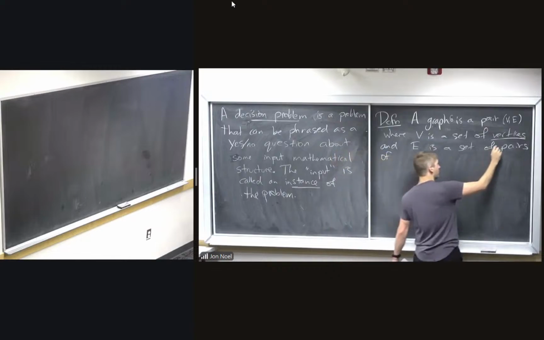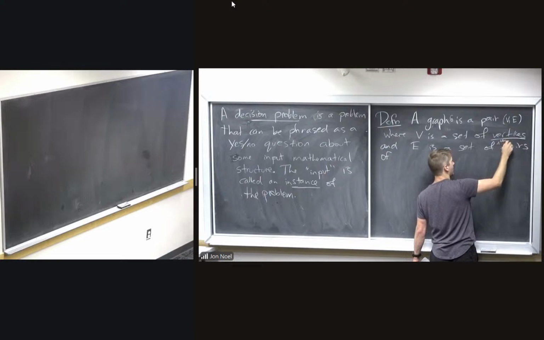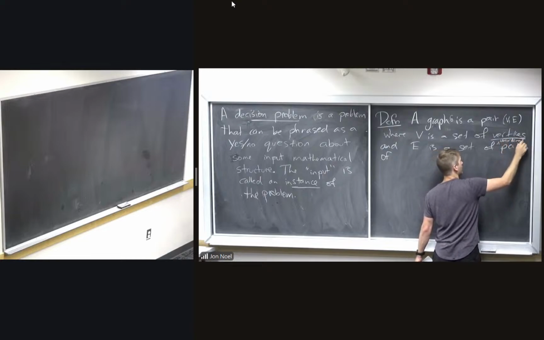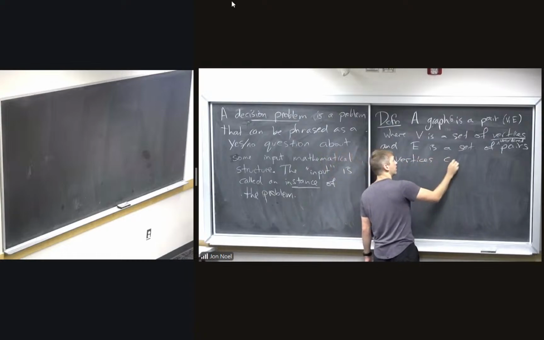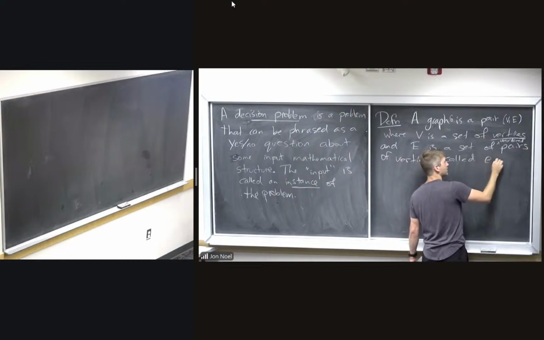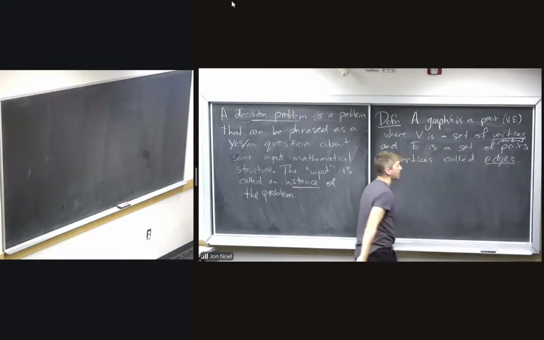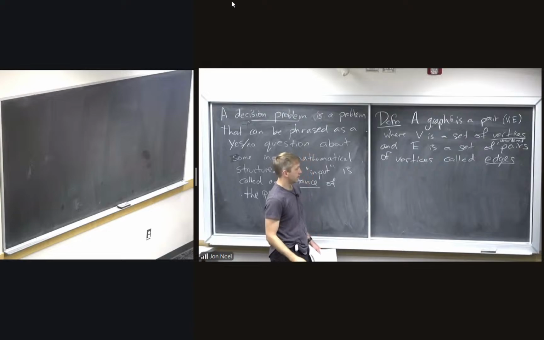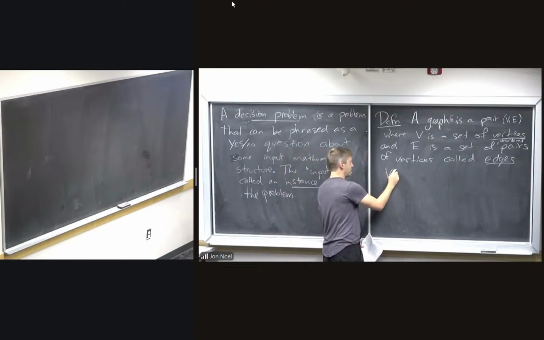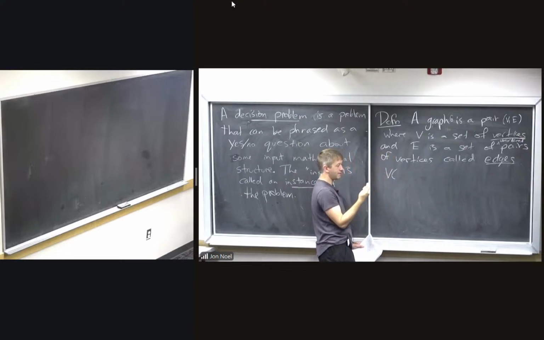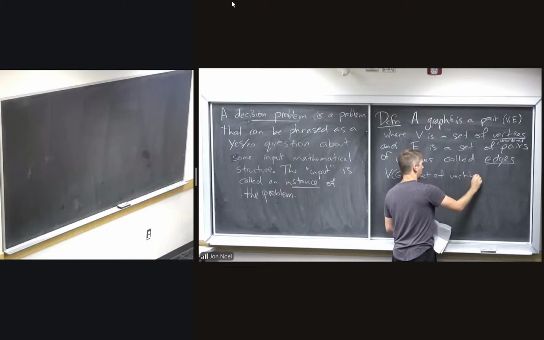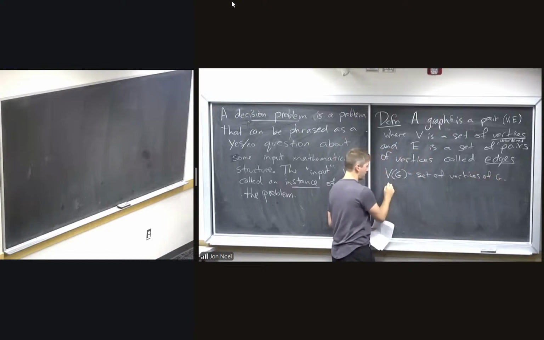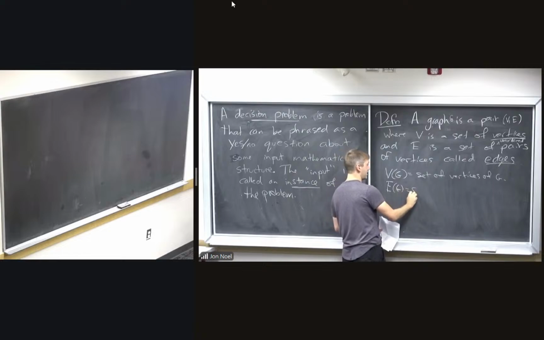Well, I should say unordered pairs, so it's different than a digraph, right? Unordered pairs of vertices called edges. We'll often just introduce the graph, and then write V(G) to be the set of vertices, and E(G) is the set of edges.